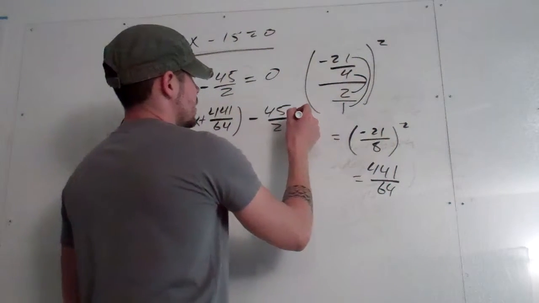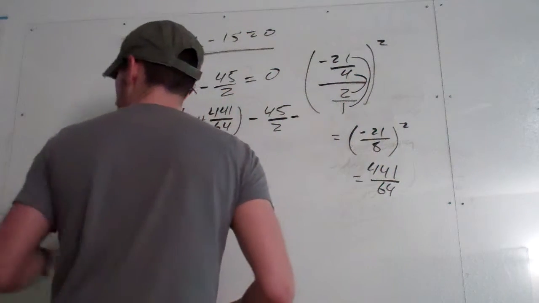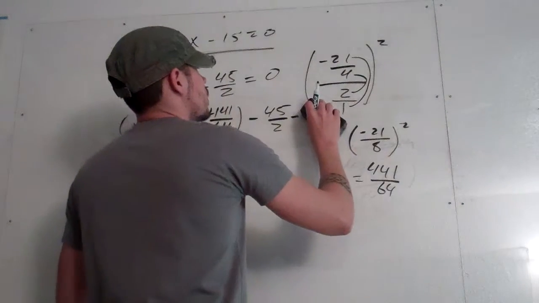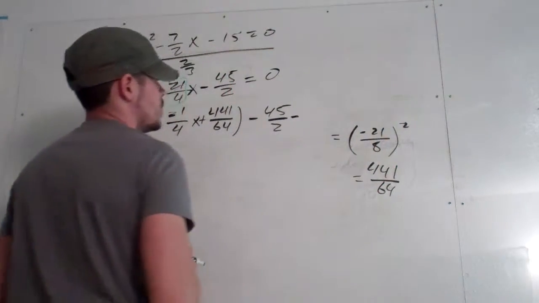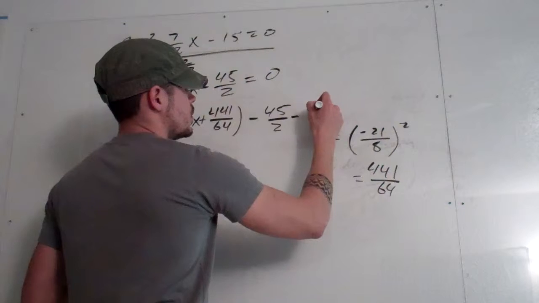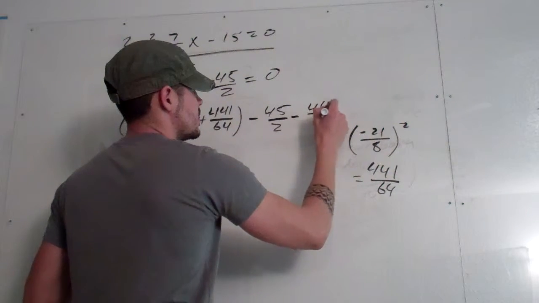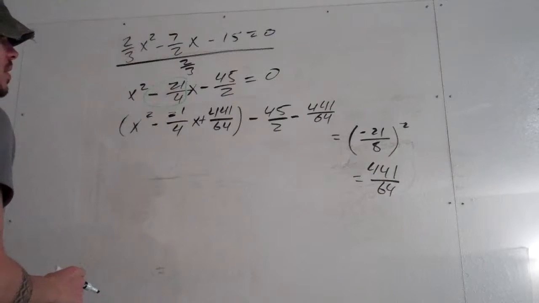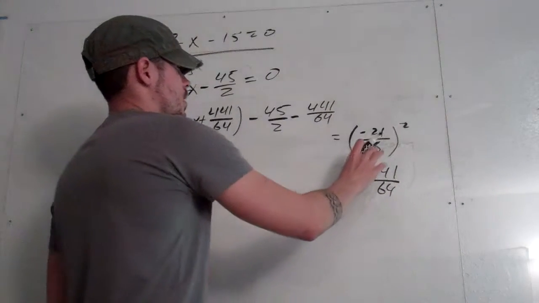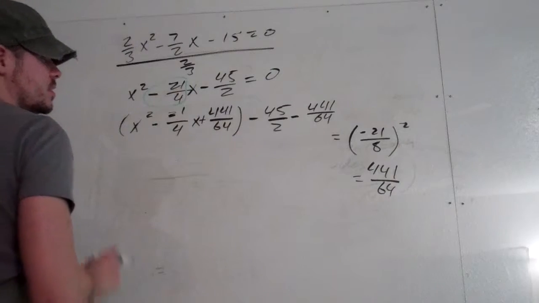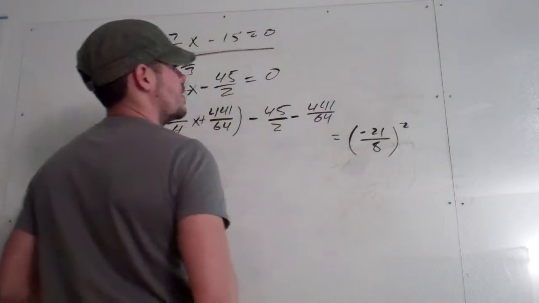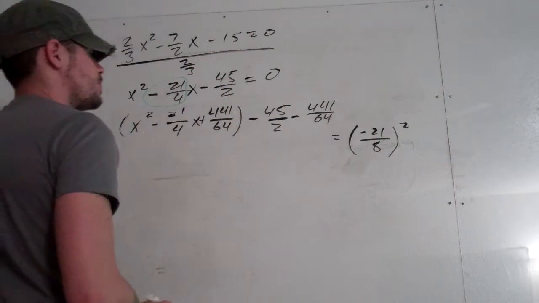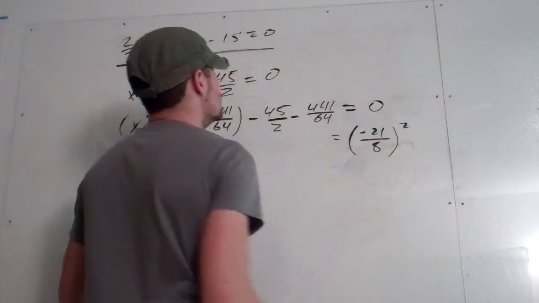And I'm going to subtract it right here, 441 divided by 64. Okay, so now, I'm going to leave this here, as a matter of fact, let's just leave that part of it, because I'm going to use that, and this is equal to 0.